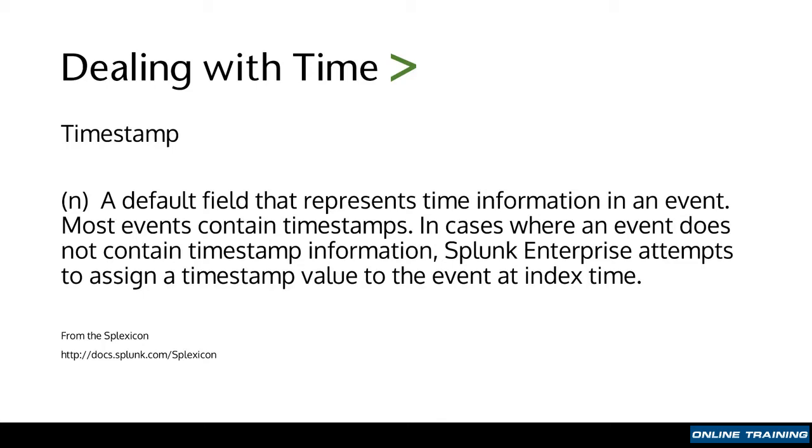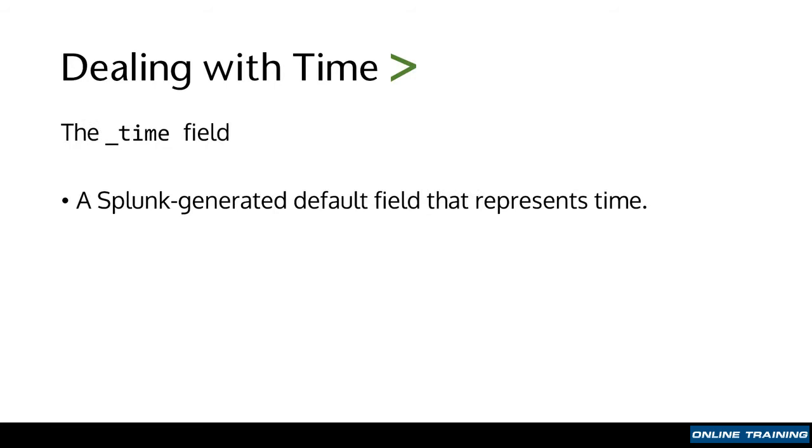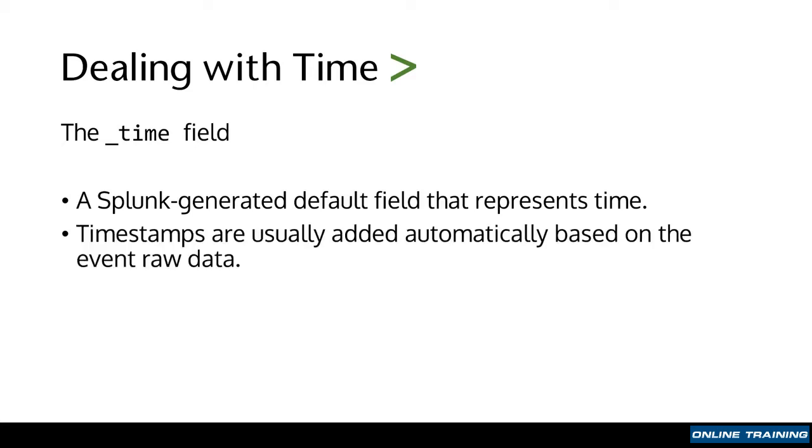Most events contain timestamps. In cases where an event does not contain timestamp information, Splunk attempts to assign a timestamp value to the event at index time. The default time field for Splunk is _time. It's a Splunk-generated field, and it's added automatically based on patterns that Splunk attempts to recognize as time.